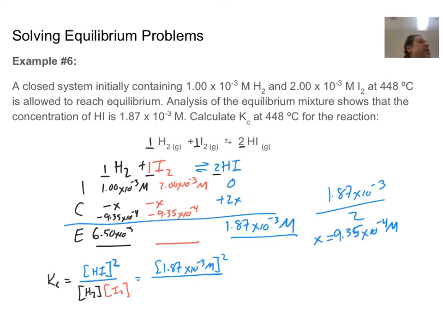and for the iodine, 2 times 10 to the minus third minus 9.35 times 10 to the minus 4 will give me 1.07 times 10 to the minus third.